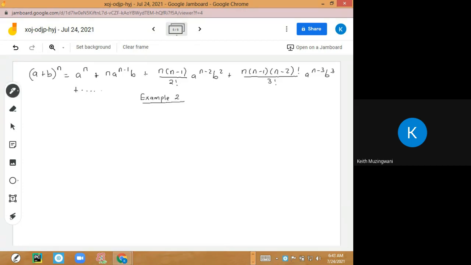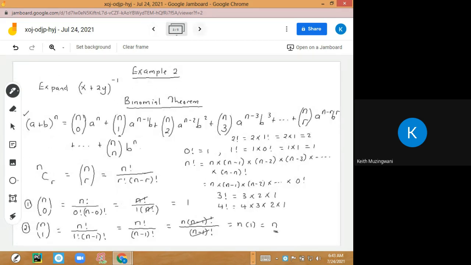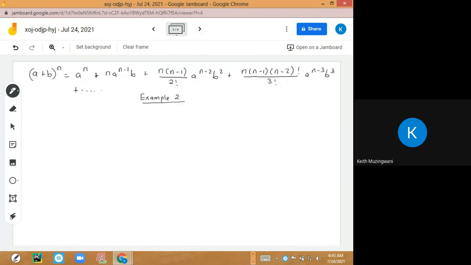So example 2 was (x + 2y) to the power negative 1.